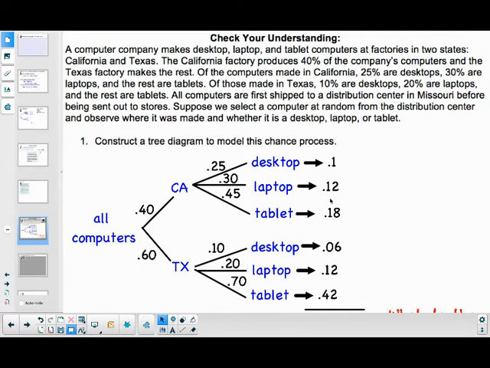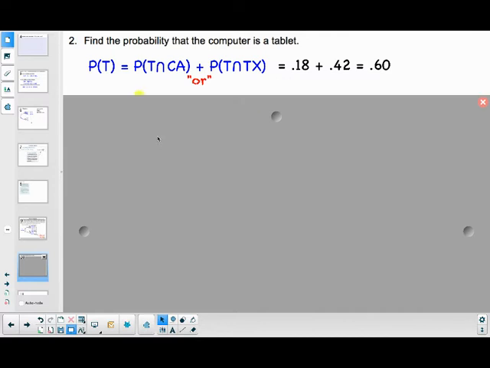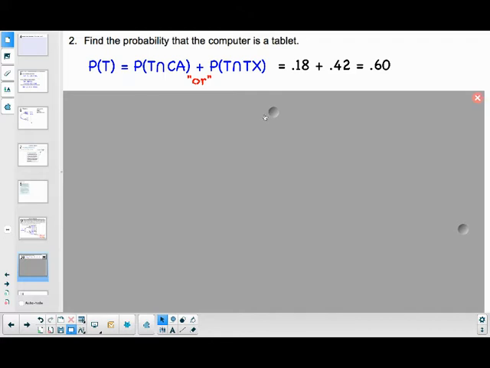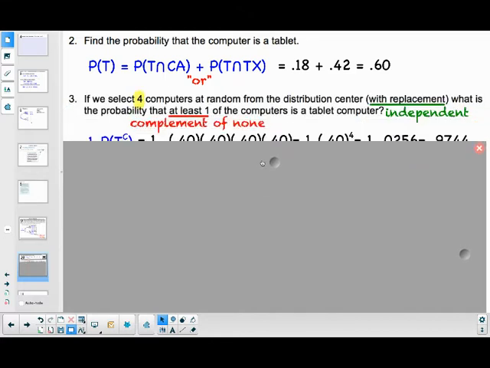Or means add 0.18 and 0.42. So a 60% chance if you choose a computer at random that it's a tablet, because it could be from either Texas or California.